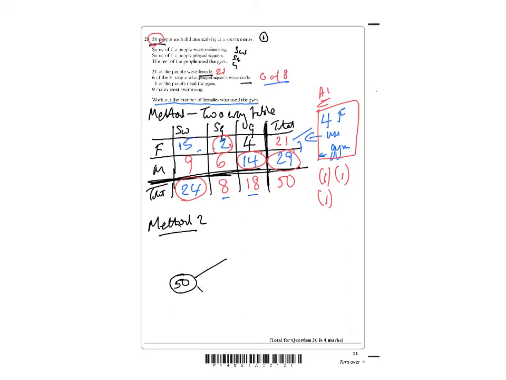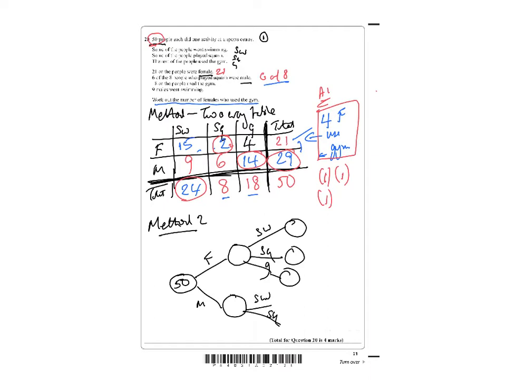Now, we know that they're going to be split female and male. So I'll just put some boxes there. And then as before, each of them has an option of going swimming, squash, gym. I'll put some circles on there. And for the men, you've got swimming, squash, gym, and I'll put some circles on there.